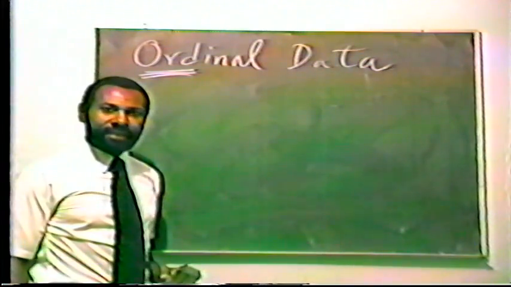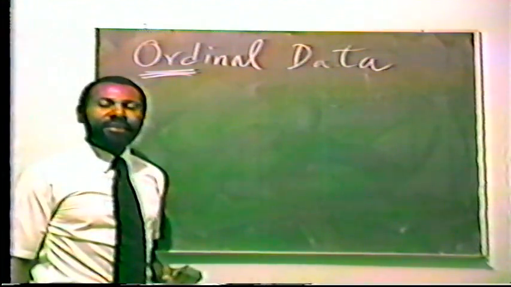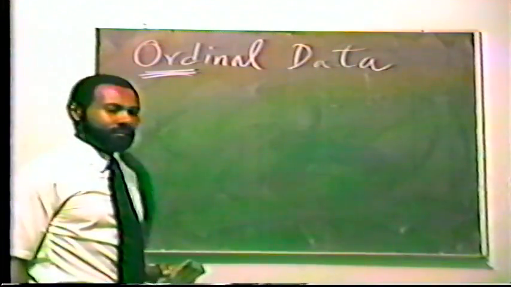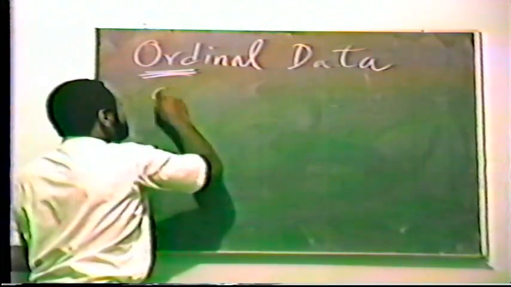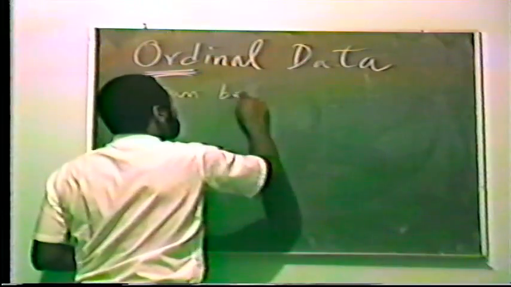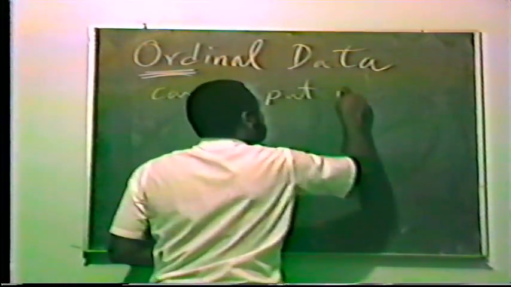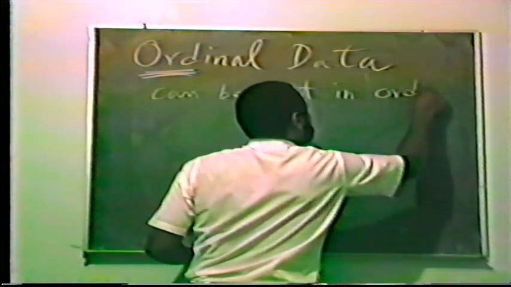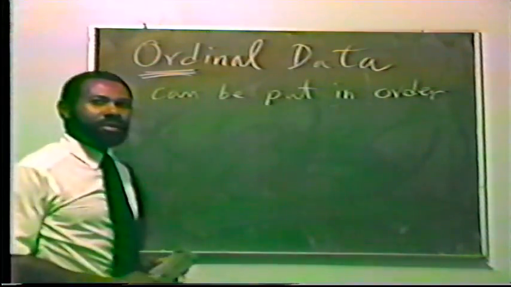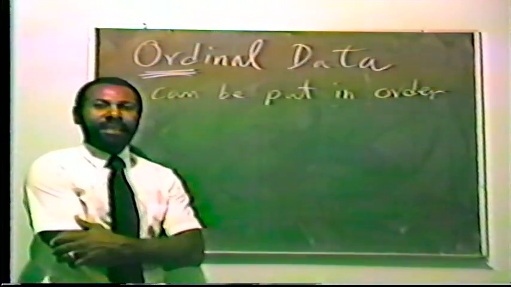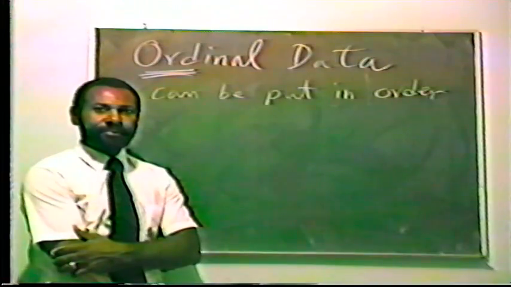So ordinal data are data that can be put in order. This is what we mean by ordinal data. Data that can be put in order.